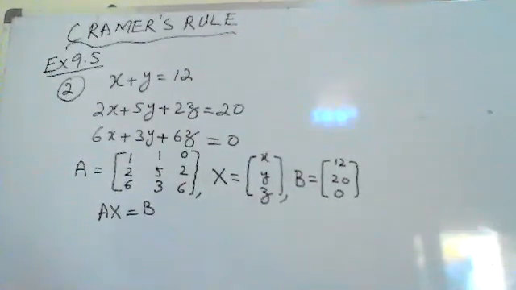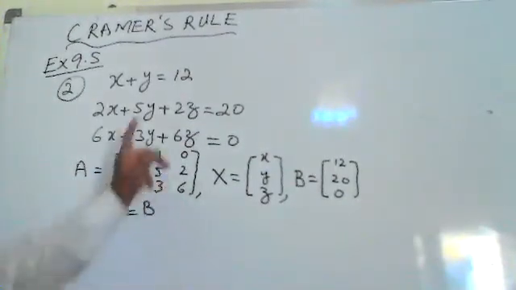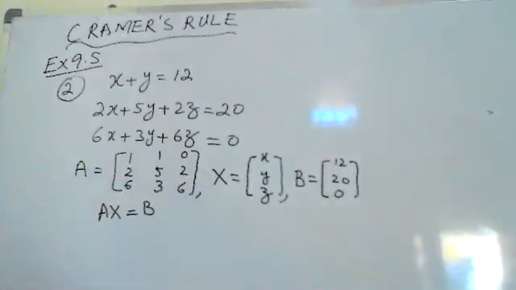The matrix of the coefficients A is a square matrix. If there are three variables, it will be 3 by 3. If there are four variables, it will be 4 by 4. If there are two variables, it will be 2 by 2, etc. The matrix of the variables and the matrix of the constants are both column matrices.